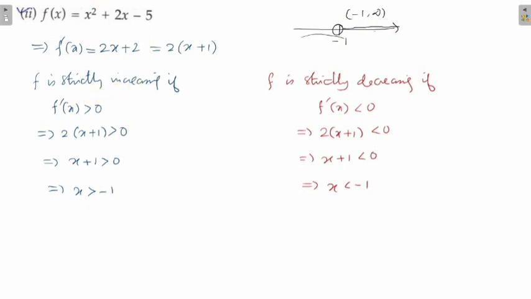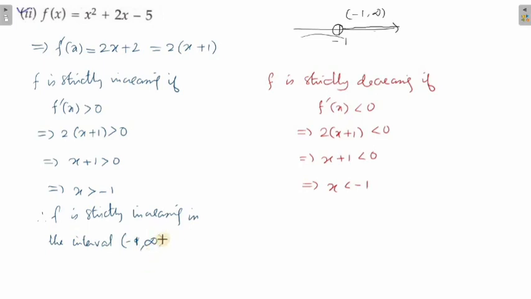So that's why we say that f is strictly increasing in the open interval -1 to infinity.